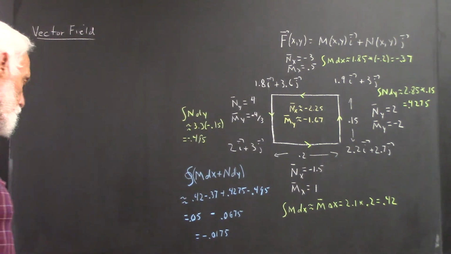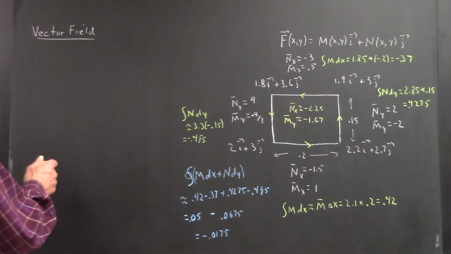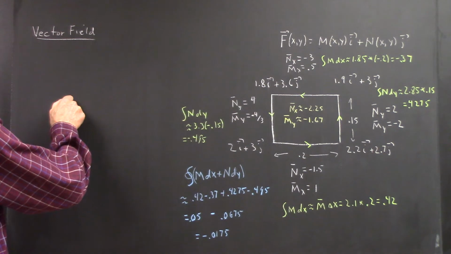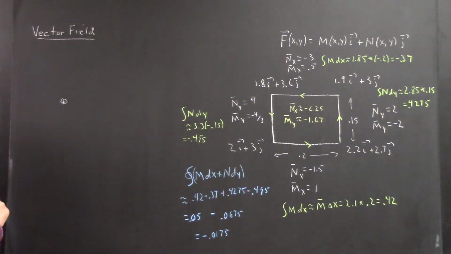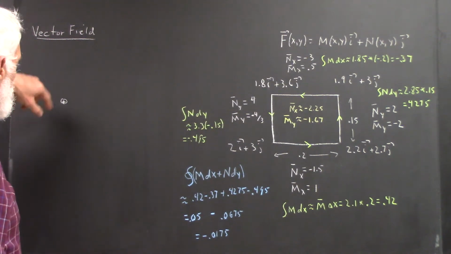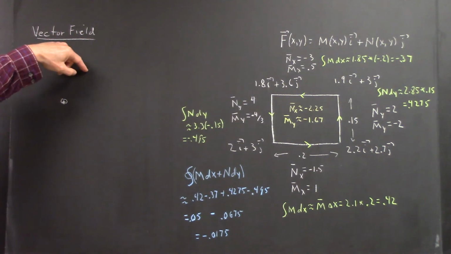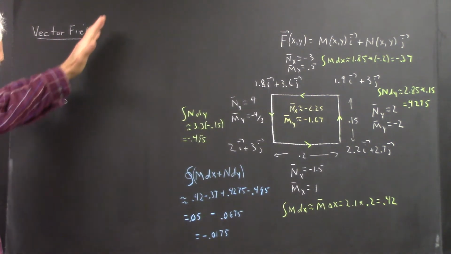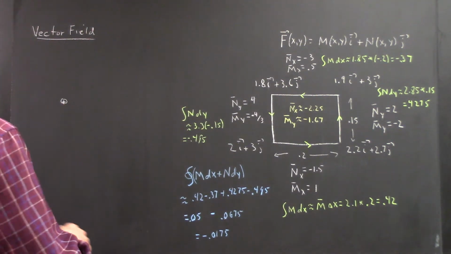Now, let's get a little more concrete. Let's say we have a positive charge here. Then, at any point in space, if we put another positive charge at that point, that positive charge is going to be repelled straight away from this charge.